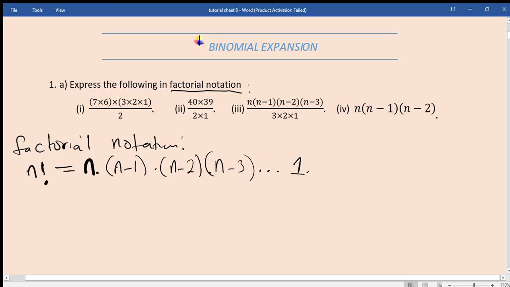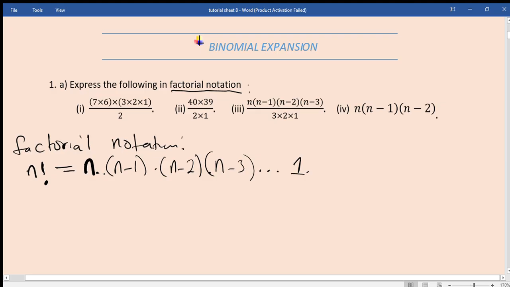Remember, this factorial notation is only defined for positive values. Negative factorial does not exist in most cases. Later we'll look at certain situations where we can find the combination involving a negative value, but the negative factorial of a number is not defined.